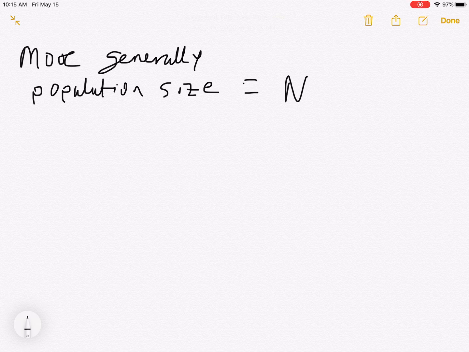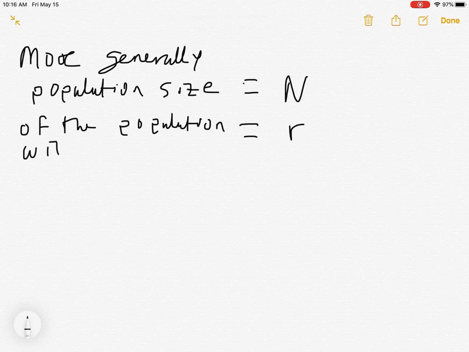Of the population size, there are going to be R with a characteristic. So I'll just say with characteristic or trait, there are R of them.